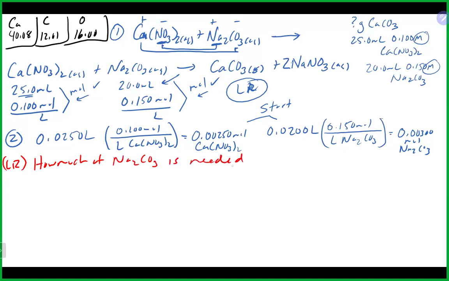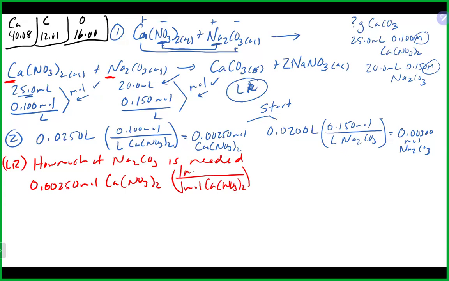To do that, I'm going to take my starting moles of calcium nitrate, which is 0.0025 moles of calcium nitrate. I am then going to do the mole to mole relationship between calcium nitrate and the sodium carbonate, which is a 1-to-1 relationship from the equation. So 1 mole of calcium nitrate gives me 1 mole of sodium carbonate.